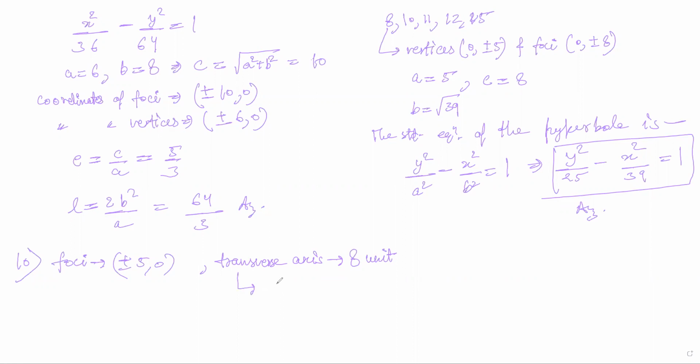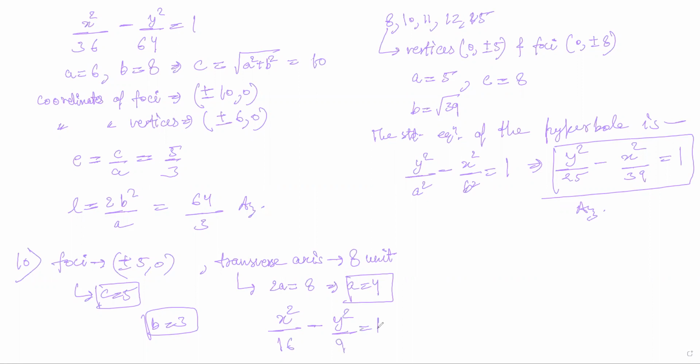The value of a. 2a has to be 8, which means a is 4 here. And c is 5, so find out b as 3. And the equation would be x square by 16 minus y square by 9 is equal to 1.